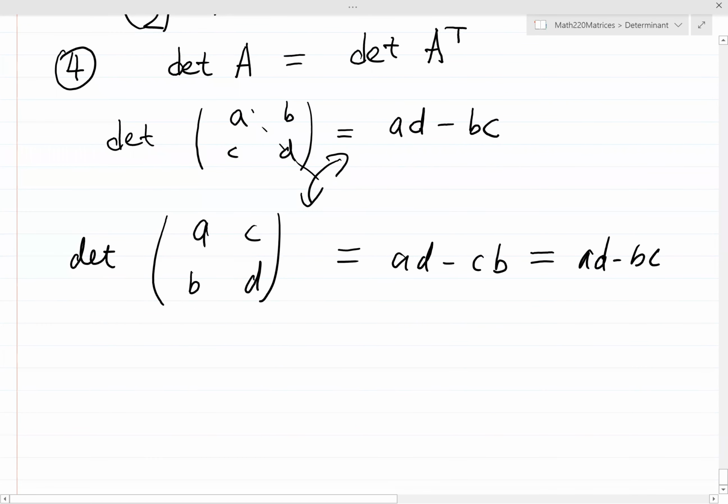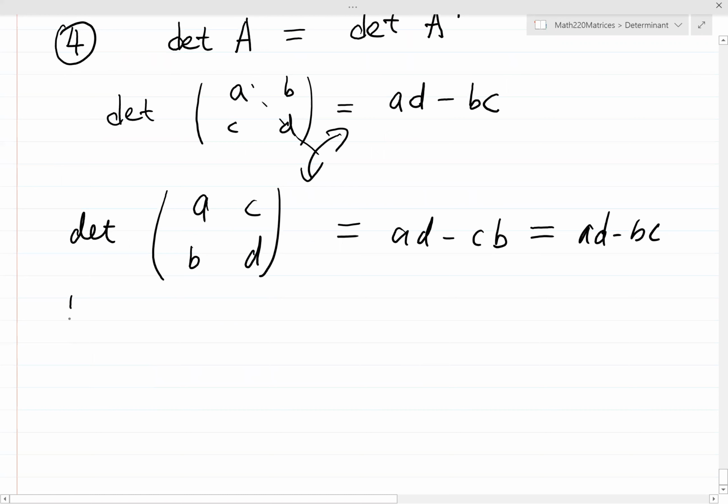Property 5 is this: if we add a multiple of a row to another row, then the determinant does not change.